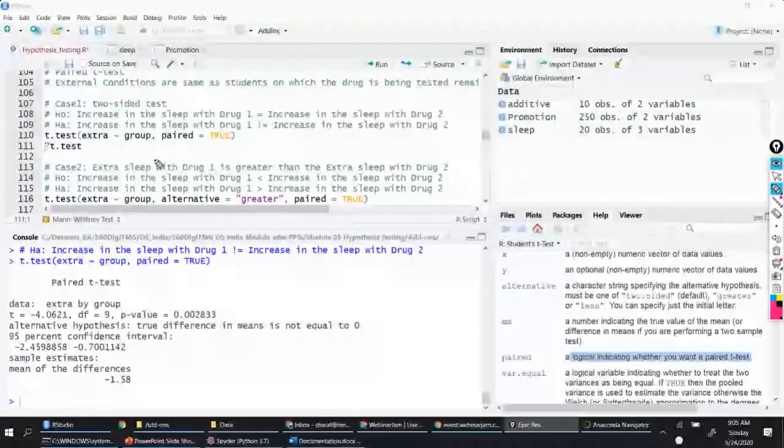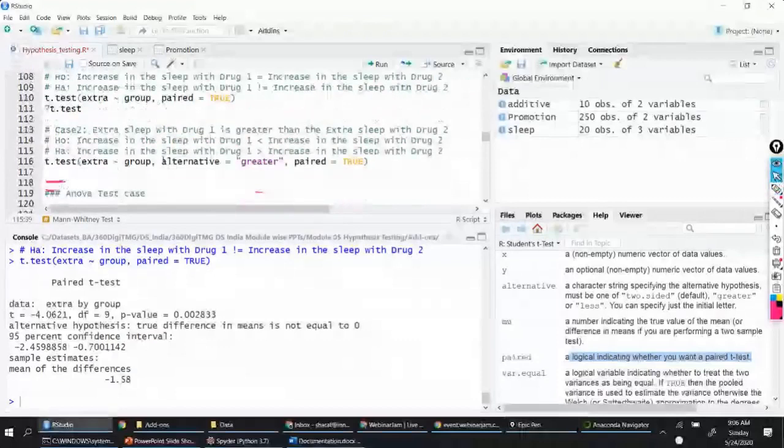Drug 1 is less than drug 2 in terms of sleeping patterns. Null hypothesis and alternative hypothesis, we frame the statements here. And let us try and do the same test, except now the alternative is greater.